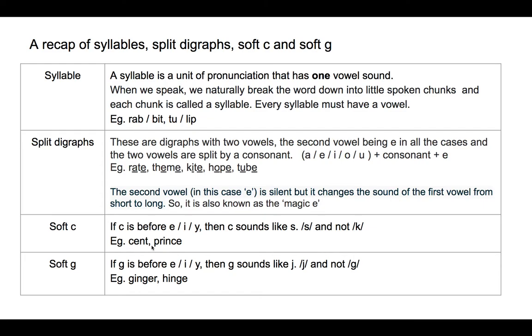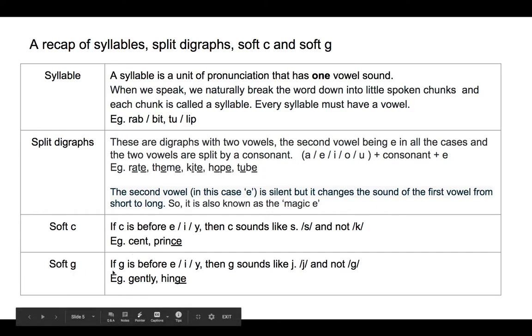Here you could see that when CE is present at the end of a word, then the E is silent. So at the end, the letters C, E together make one sound S. So it behaves like a digraph. Whereas here, they sound separately, but C sounds like S.